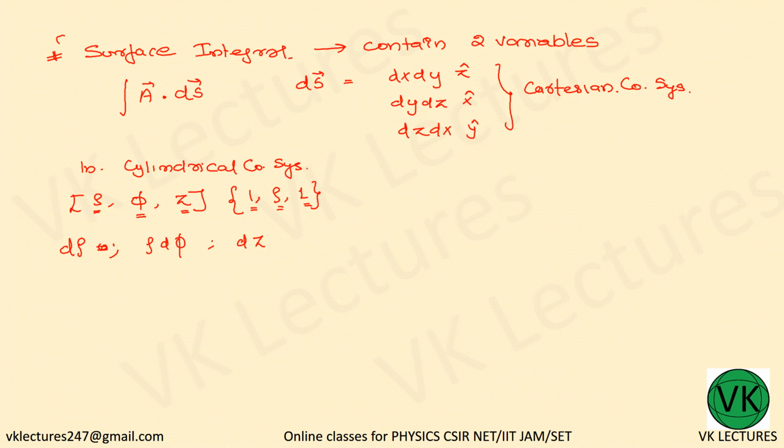So vector ds is obtained by multiplying: rho d phi dz in the direction of rho, dz d rho, that is d rho dz in the direction of phi, and d rho times rho d phi, so rho d rho d phi in the direction of z.